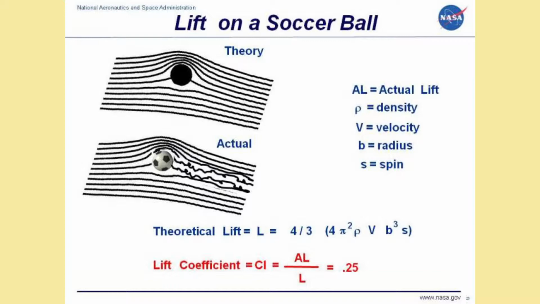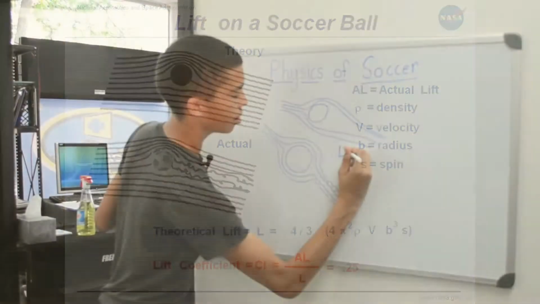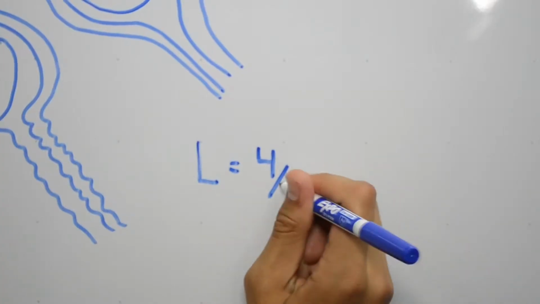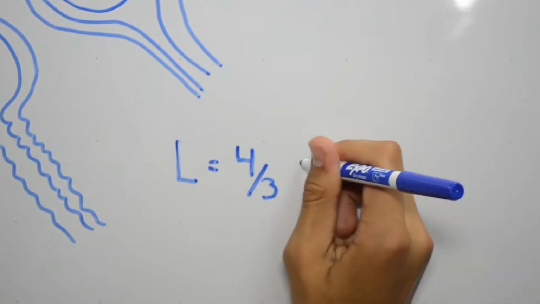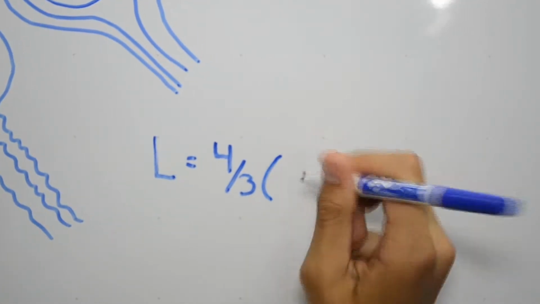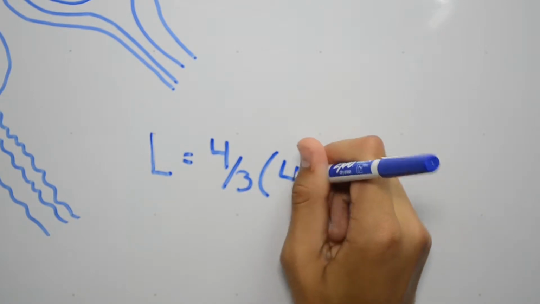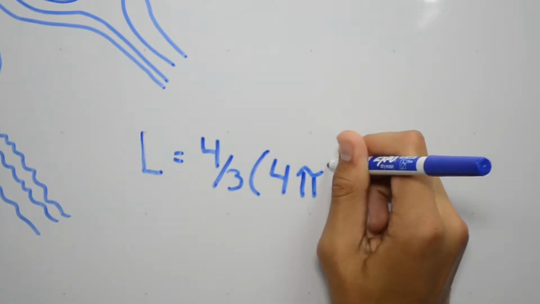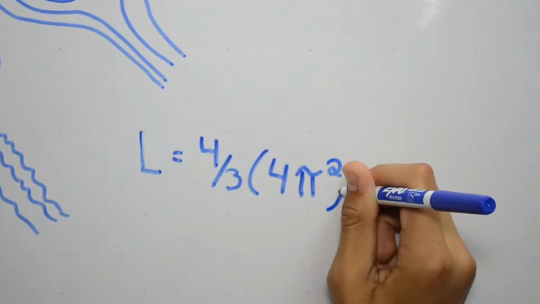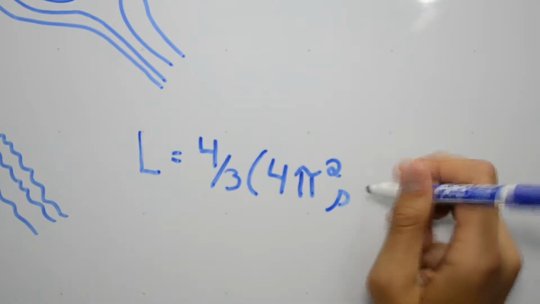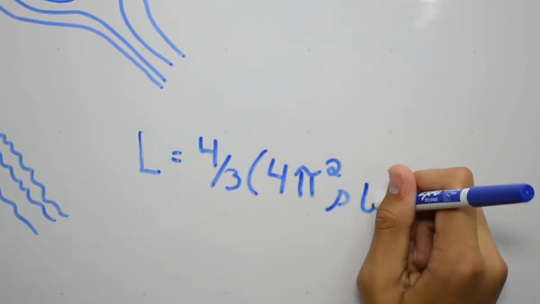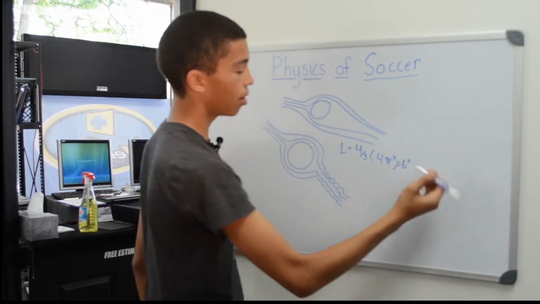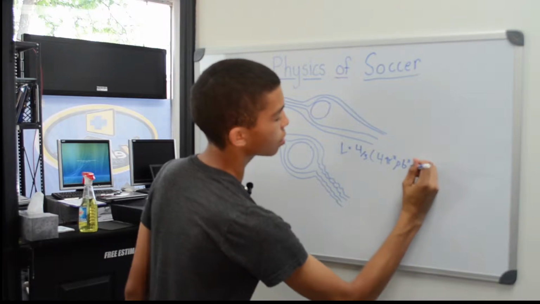And then the formula for lift would be L equals 4/3 times 4 pi squared times rho, which is the density of the air, times b cubed, which is the radius of the ball, and then s, which is the spin.